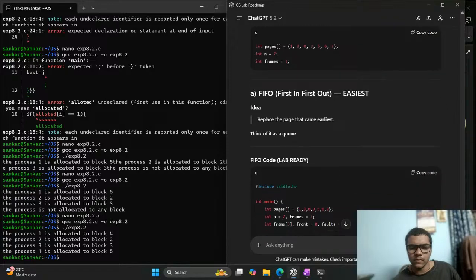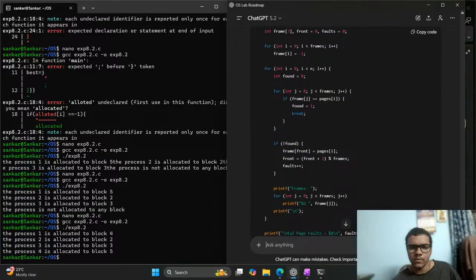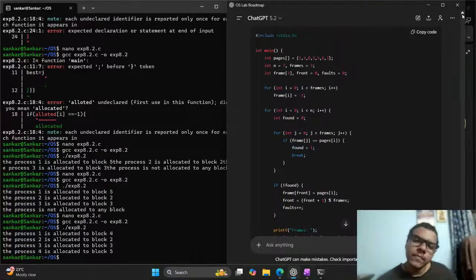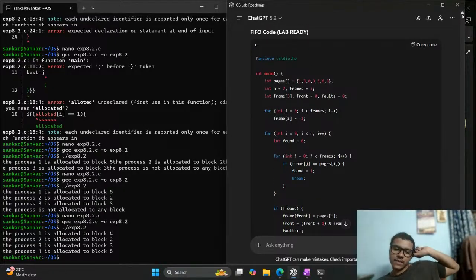FIFO. Let's see. Main. There are 7 pages. There are 3 frames, and front is equals to 0.